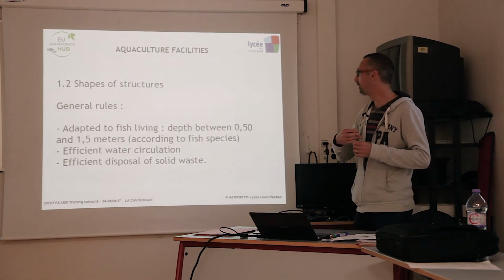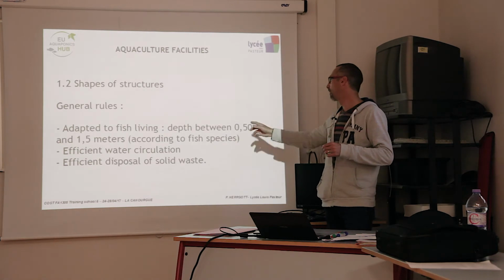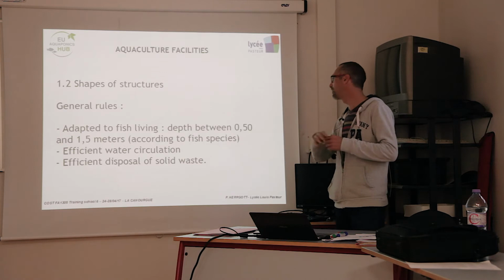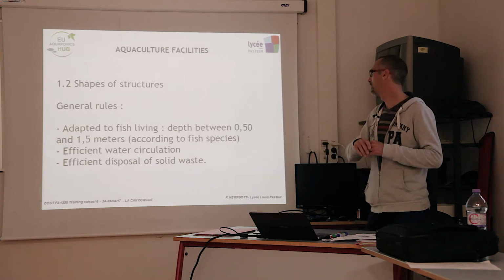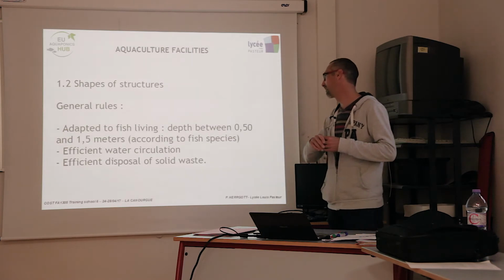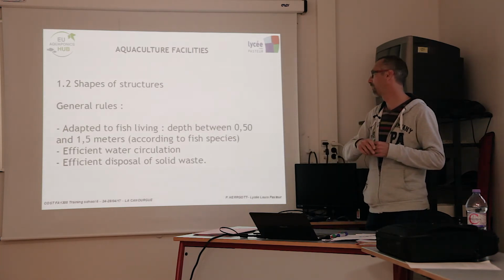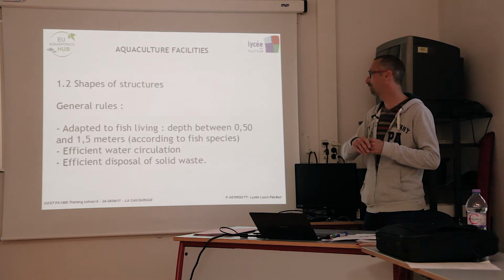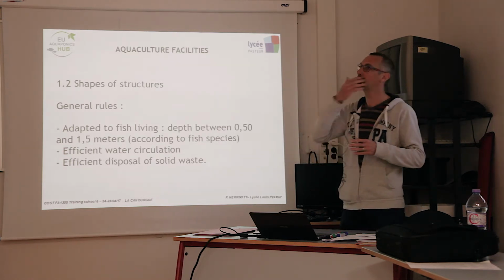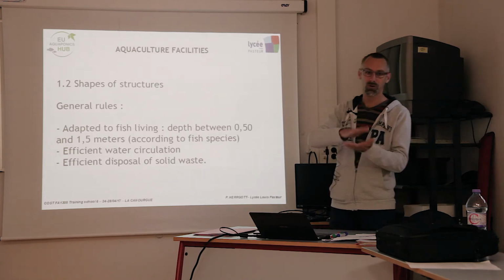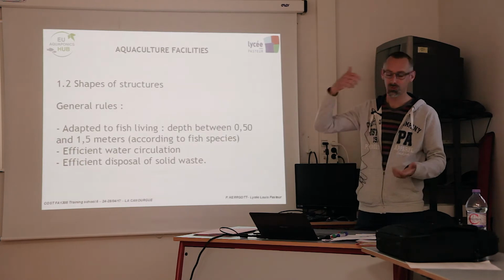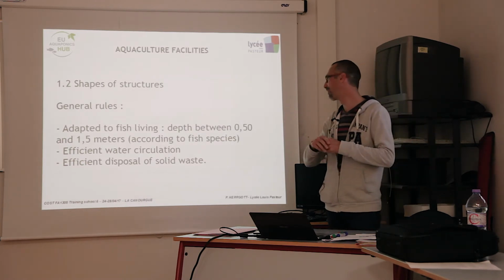We can give this depth value: 0.5 to 1.5 meters deep. It works. After that, some fish like to be close to one another at the bottom, others swim more.